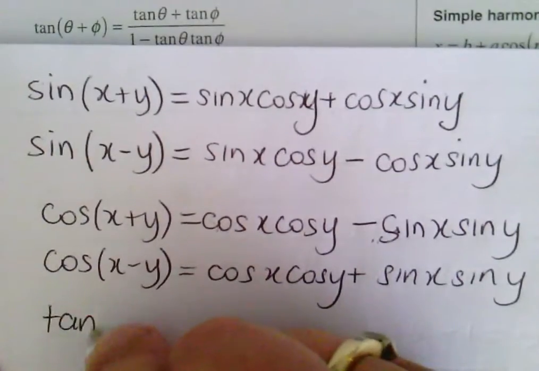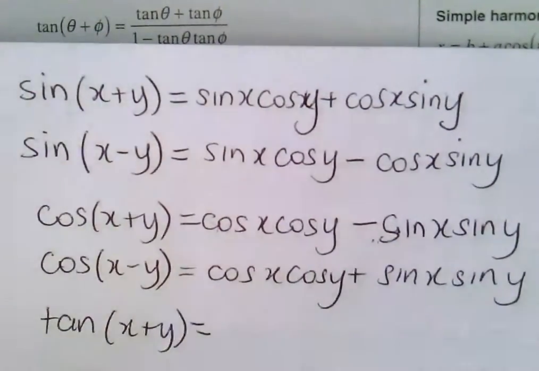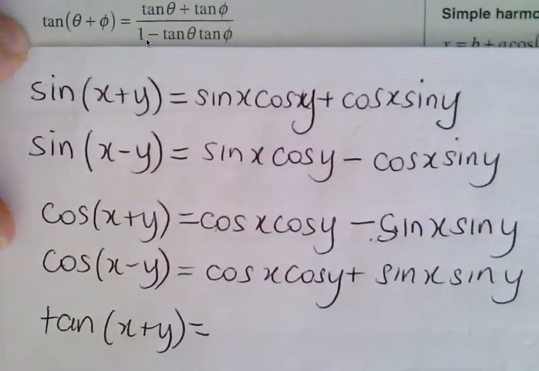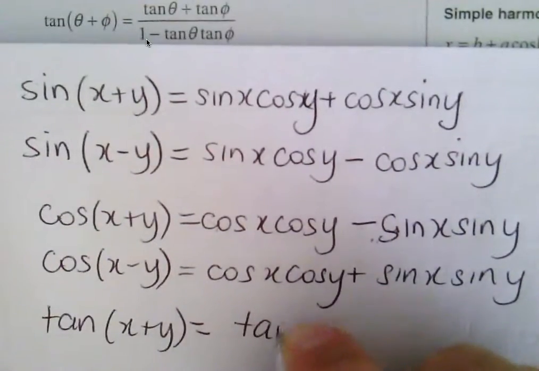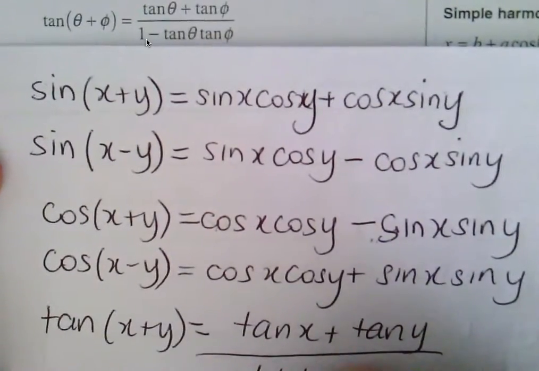Next one, tan of x plus y. Notice that for the tan, you've got a plus here and there's a plus on the numerator, minus on the denominator. So it's tan x plus tan y over 1 minus tan x times tan y.